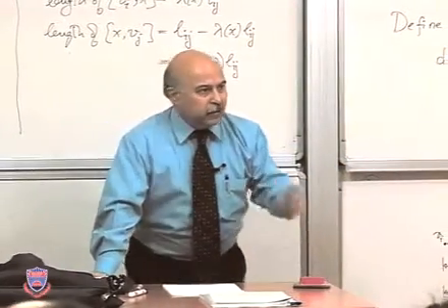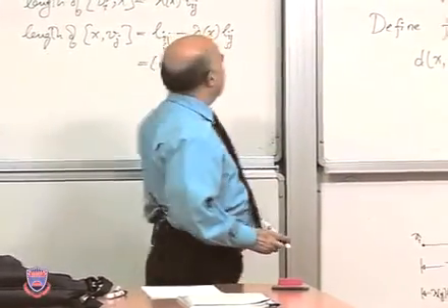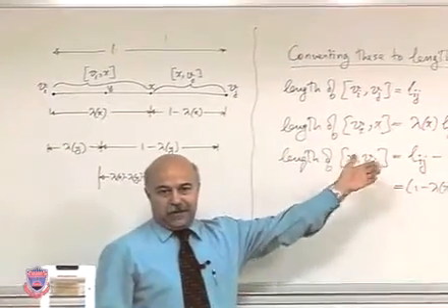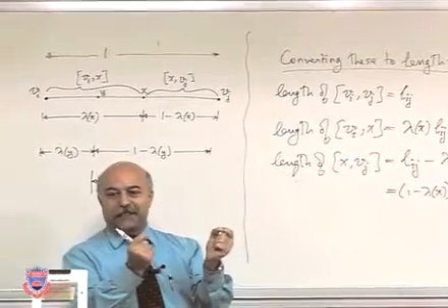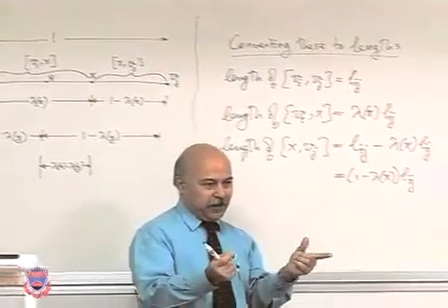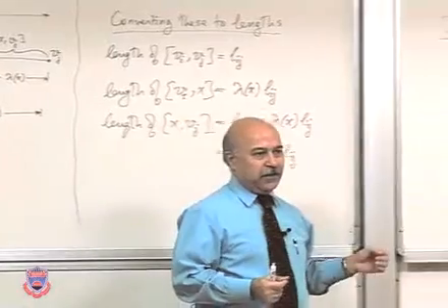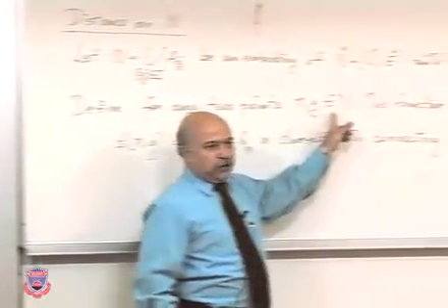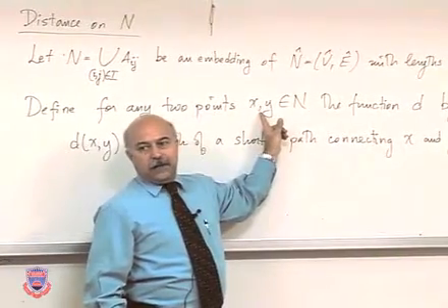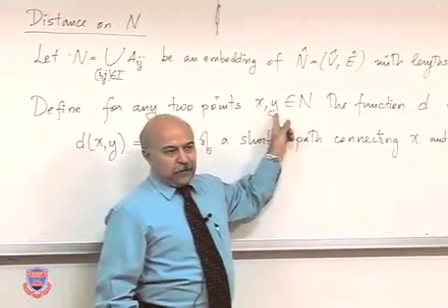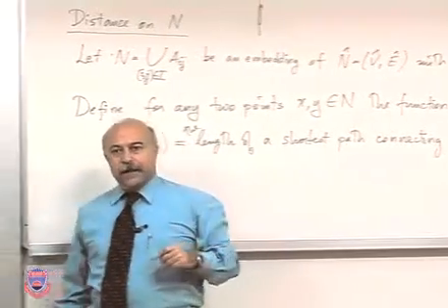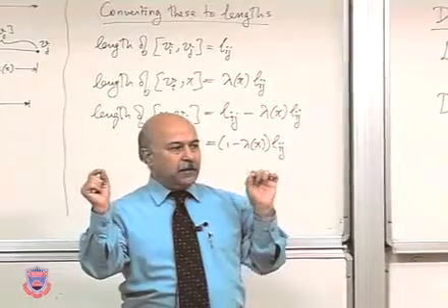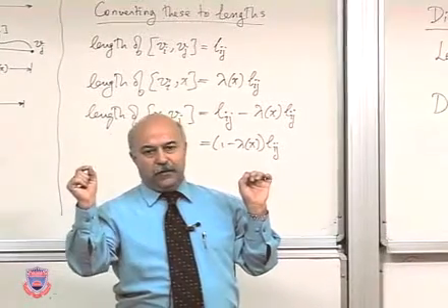For embedded networks, we had to extend the definition. That's why I had to go through all these painstaking definitions, because I had to have some sort of a definition for the length of subarcs. Otherwise, you cannot speak of that. So when you pick any 2 points x and y in the network, which may be end vertices, or else sometimes they may be interior points, then you simply look at possible paths connecting x to y.